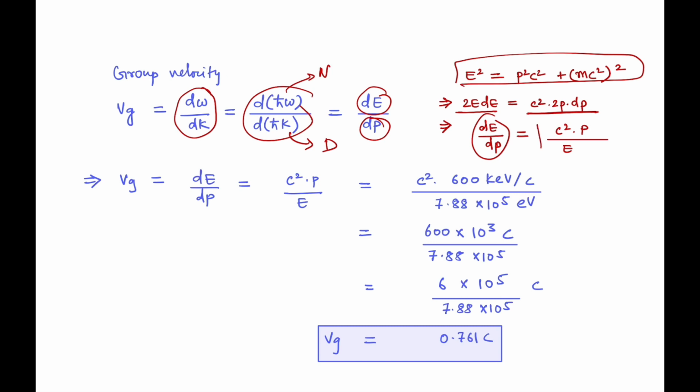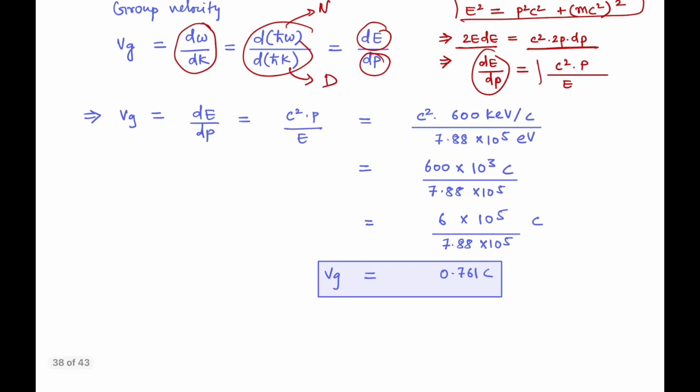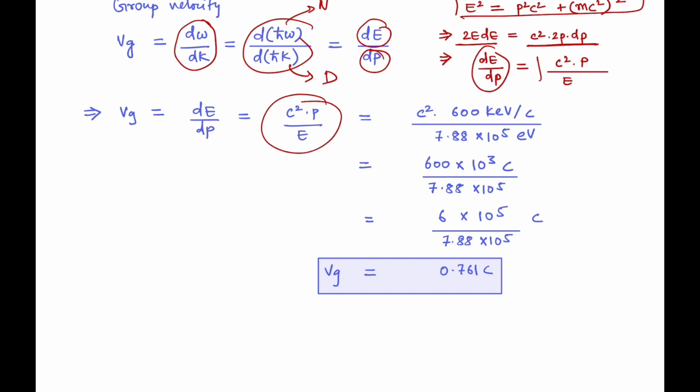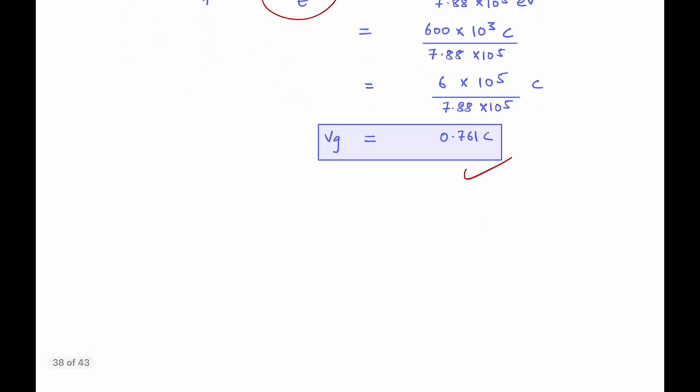So dE by dp is going to be c square p by E. When you substitute the values for c square p divided by E, we get 0.761 c. For verification, whenever we multiply phase velocity by group velocity, you will get c square.